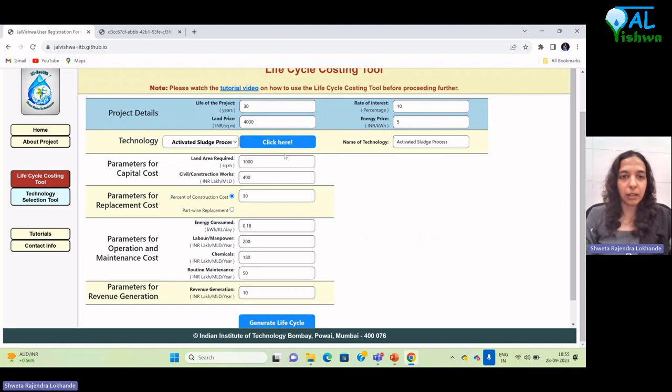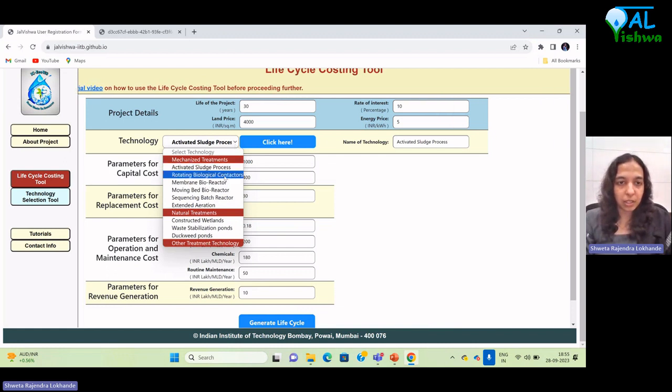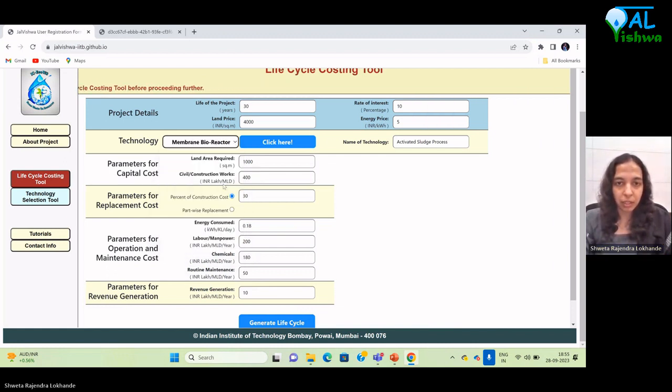Now, let's say you have to compare two technologies, and instead of activated sludge process, let's say you take membrane bioreactor. After clicking here, membrane bioreactor will appear. And as you observe, all the parameters are blank.